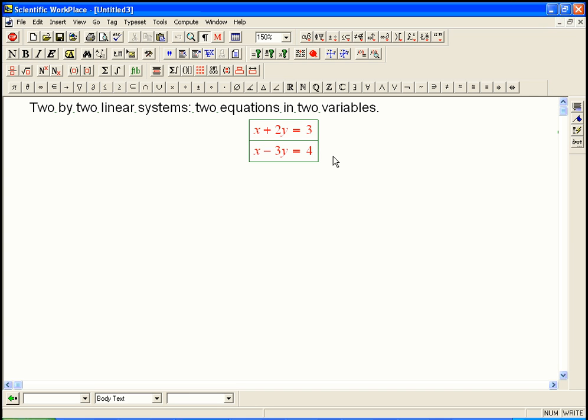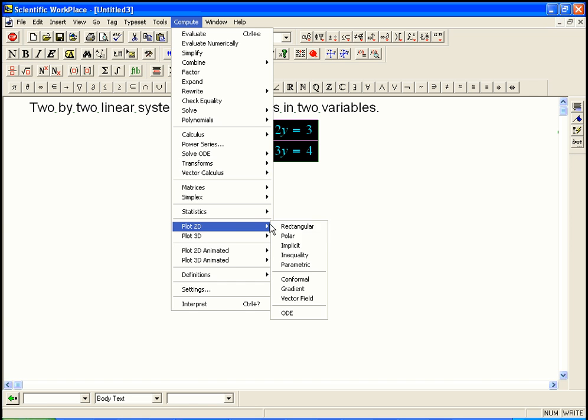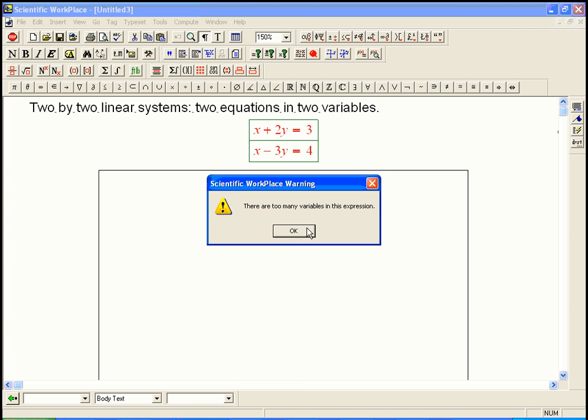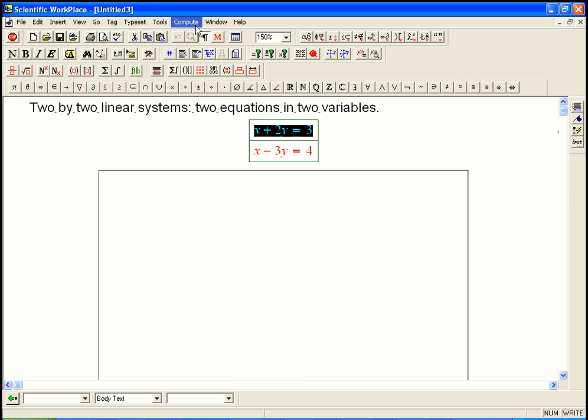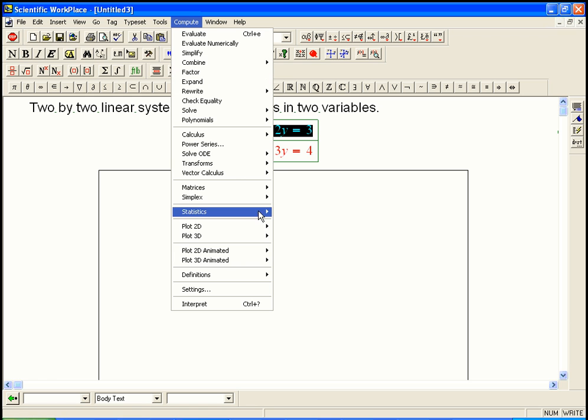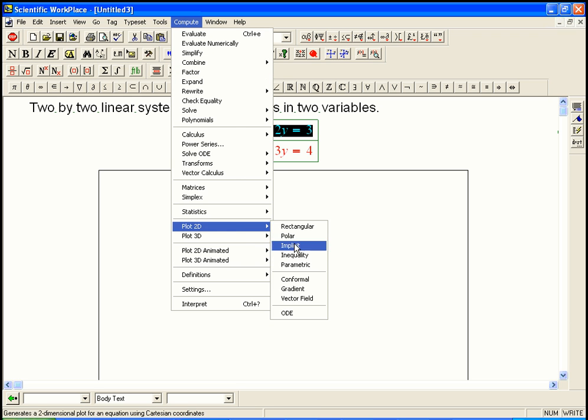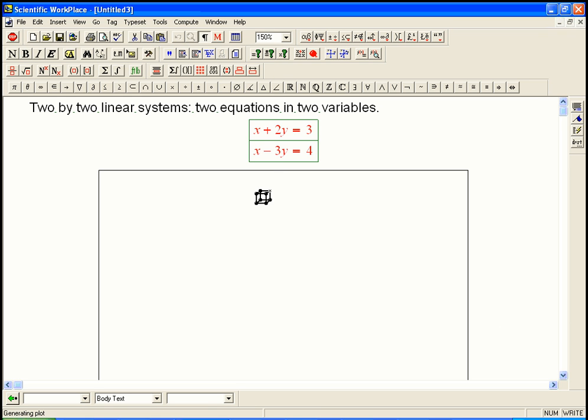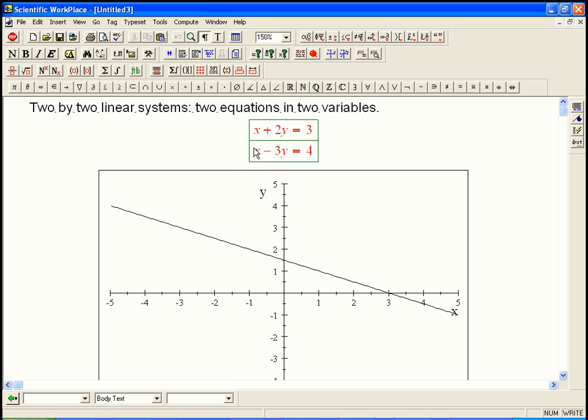So for this, let's see if it'll actually plot the whole thing. No, too many rows. Okay. Let's just plot this line, and then let's plot this line as well.